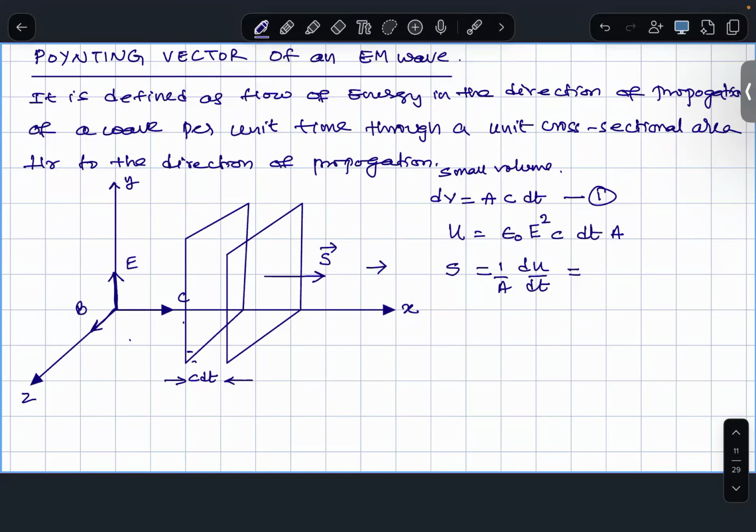Should write this as U only. This part is UD. So therefore, that is Poynting vector.